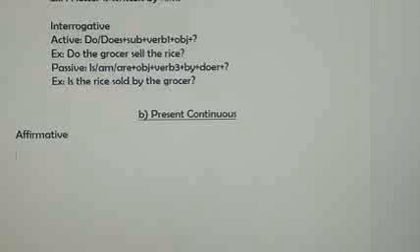Affirmative. And first of all I will write the structure of active voice for present continuous. Let's say there will be subject, then we will use is, am, are as an auxiliary verb. Then we will use the fourth form of verb.